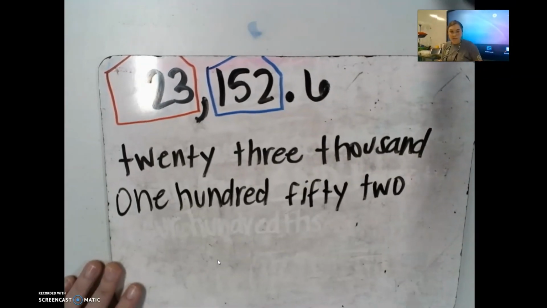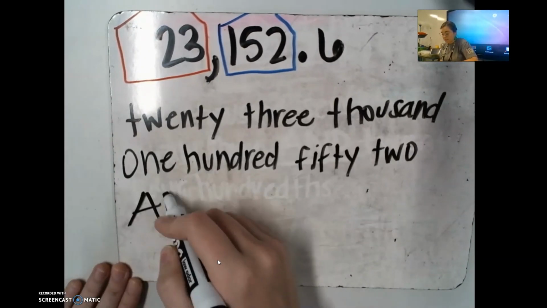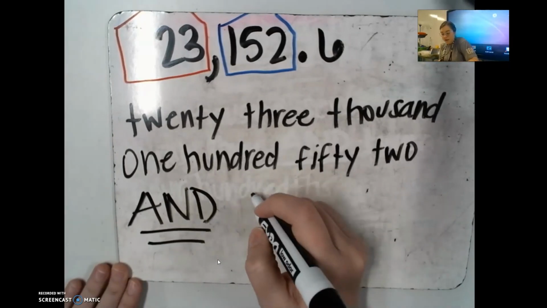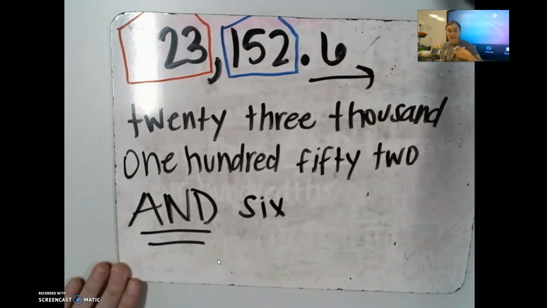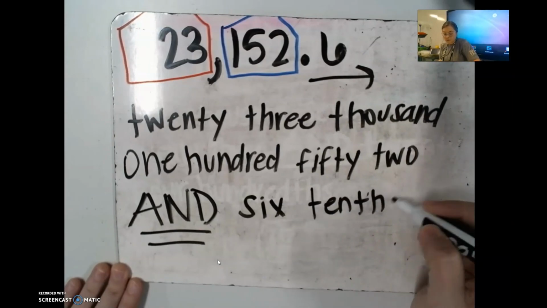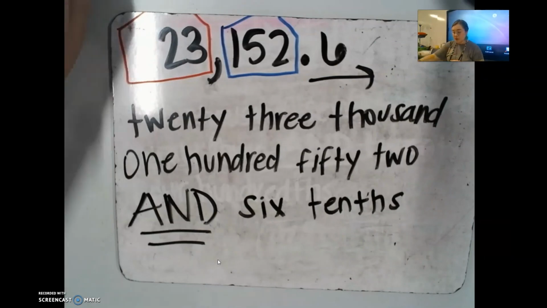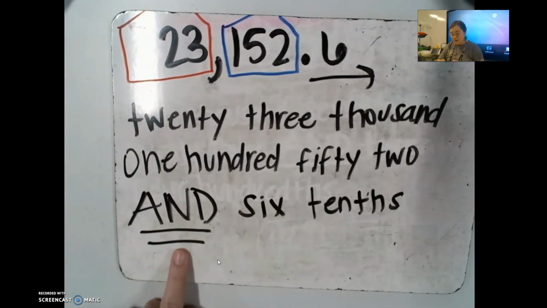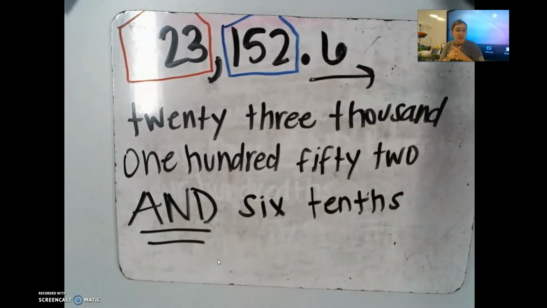What did I say about the decimal? How do I read that decimal? Oh, I hope you said it. "And." 6. Remember, after the decimal, I read the number like normal, and then I tell what place value it's in. And 6 tenths. 23,152 and 6 tenths. Notice, the only time I got to say "and" was when there is a decimal. Any other time, I don't get to say "and."